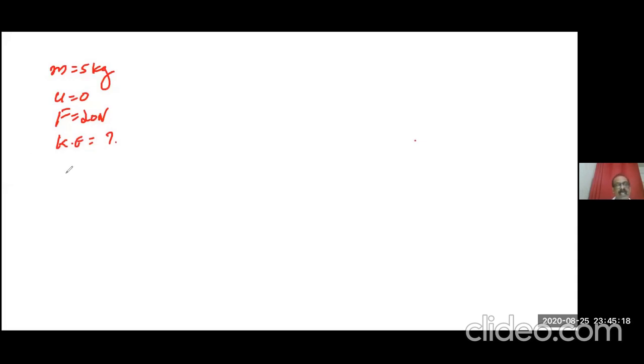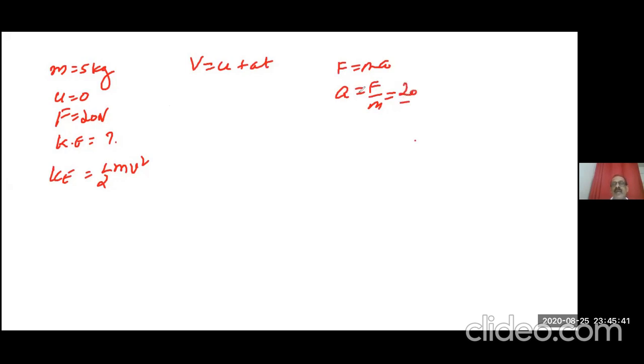So the kinetic energy formula is half mv squared, right? Now we need velocity. Velocity is equal to u plus at, but we need acceleration. Force is equal to ma, so a is equal to force by mass. Force 20 Newton, mass 5 kilo, so 4 meter per second squared.